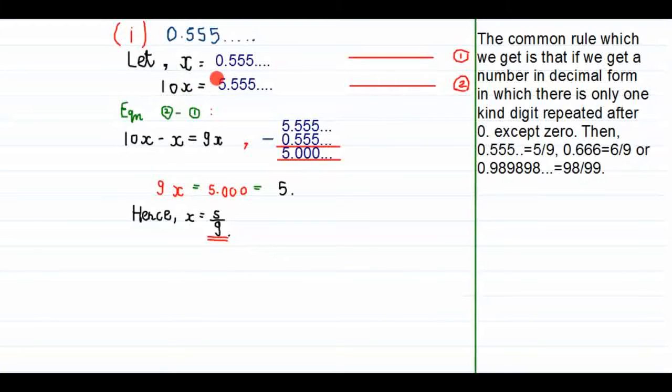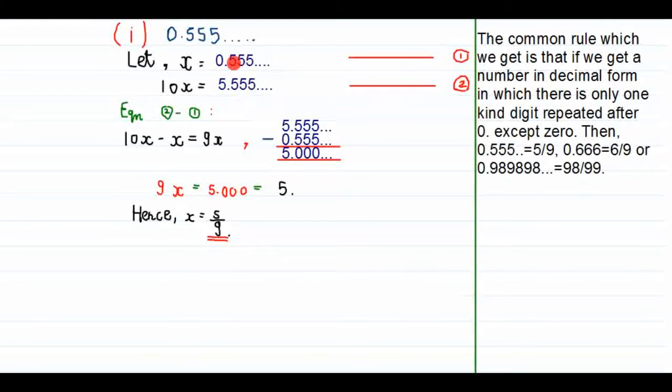So x is equal to 0.555..., which means 0.5 with a bar over it. When we multiply x and 0.555... by 10, we get 10x is equal to 5.555..., because there is an infinite number of 5s.